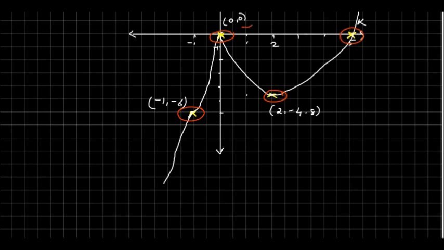One is like an intercept, another like a critical point, another like a point of inflection, and it is going to be a cusp as well. So 0 0 has lots of properties here. And minus 1 minus 6 is a point of inflection, and 2 minus 4.8 is a critical point. It is a local minimum point, which you can see from the figure, and this gives you a rough sketch of the given curve.